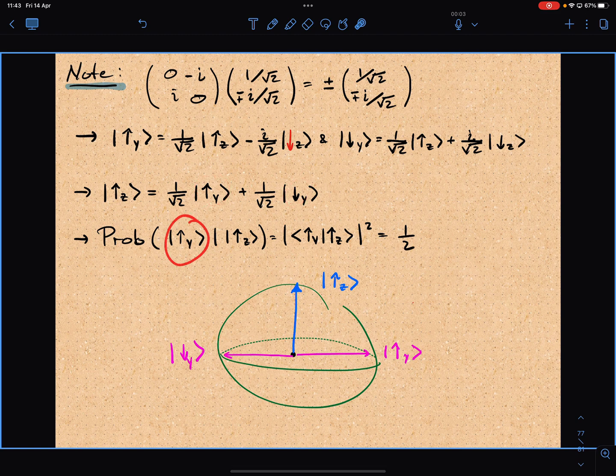The probability of measuring the upspin in the y direction, given that we have the state in the upspin in the z direction, is given by this quantity, which is again 1/2. And again, this is consistent with the idea that it's spinning in one particular direction, and we get equal probability of going to downspin y or upspin y.